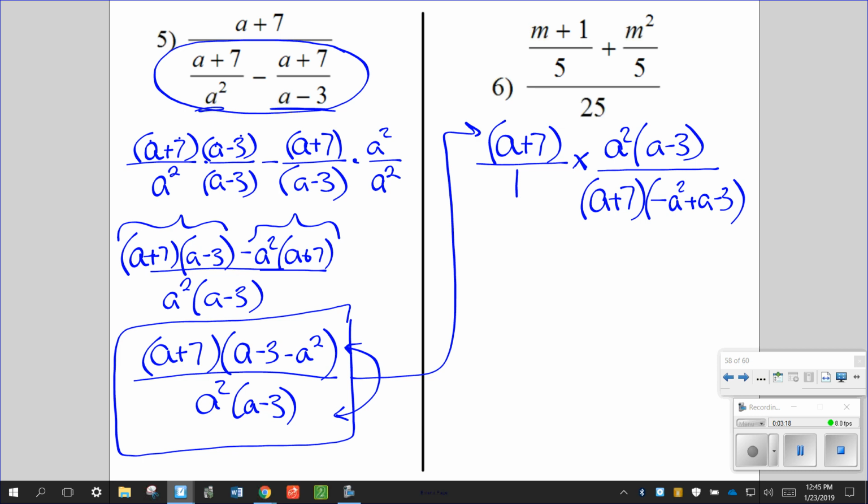And the only reason we could do that was because both of these fractions had the a plus 7 linear factor. So now a plus 7 divided by a plus 7 is 1, and we have a squared times a minus 3 over negative a squared plus a minus 3.